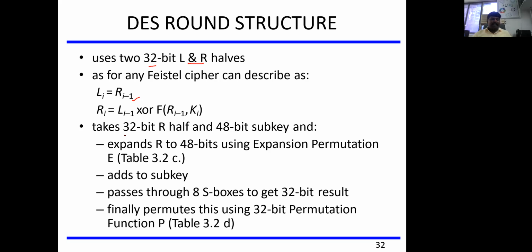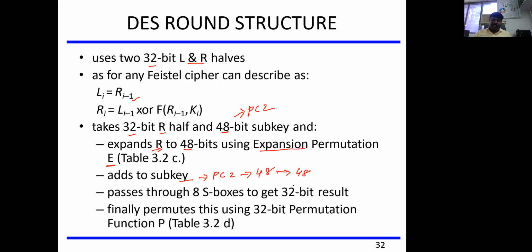Then it takes the 32 bit right half of the data and the 48 bit subkey produced from PC2. The right half of the data is expanded to 48 bit using the expansion permutation, which is the E table, and the subkey derived from permutation choice 2 is 48 bit, and this will produce again 48.